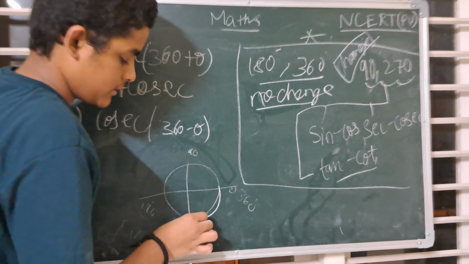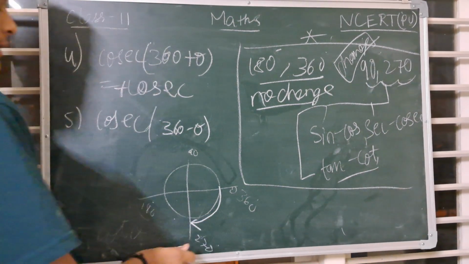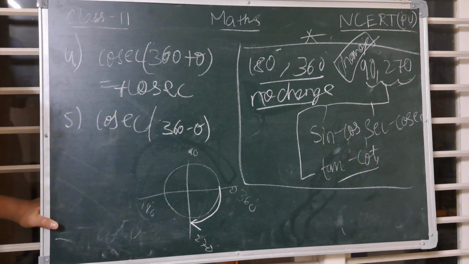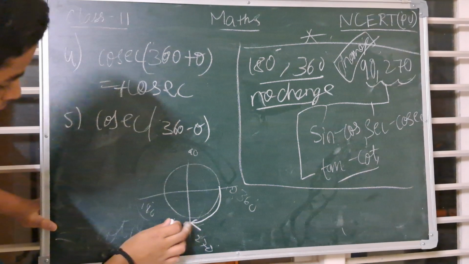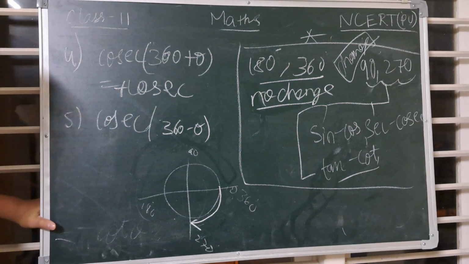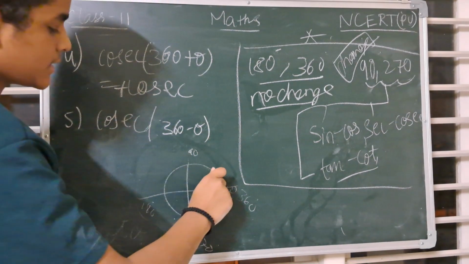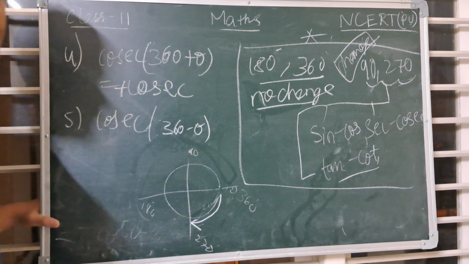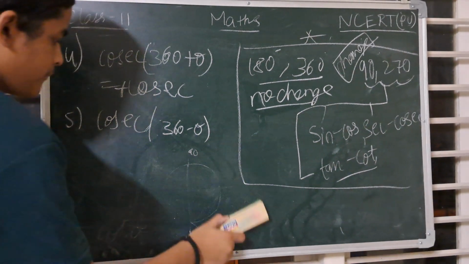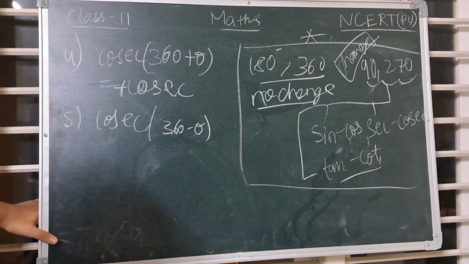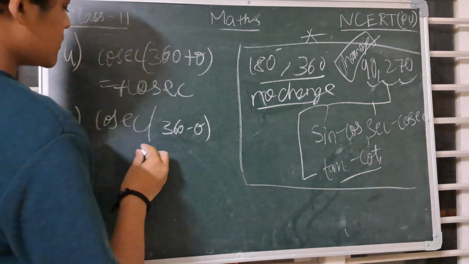The arrow mark is going in the clockwise direction, so minus theta means the angle is coming to the fourth quadrant.